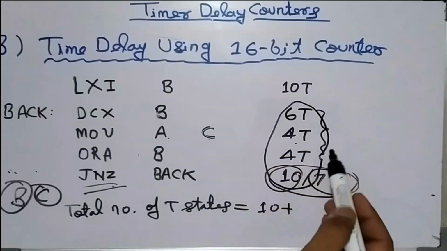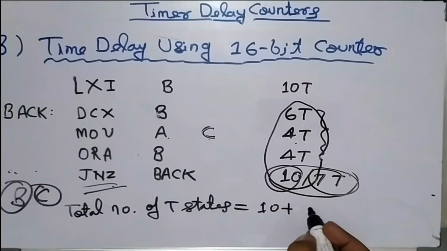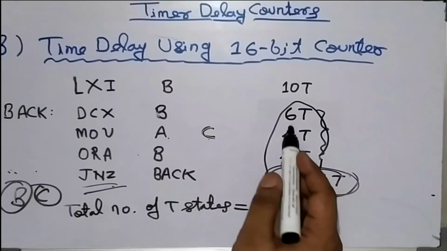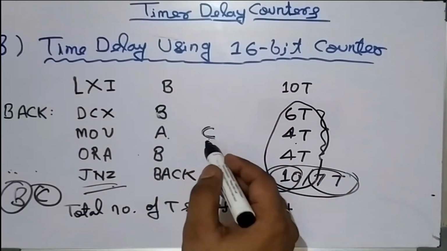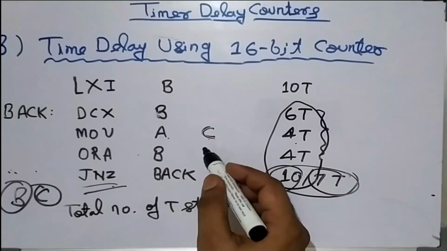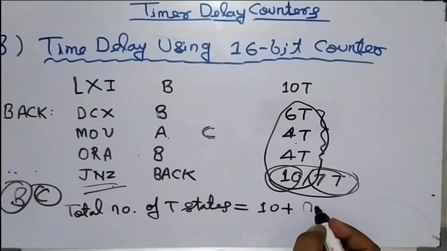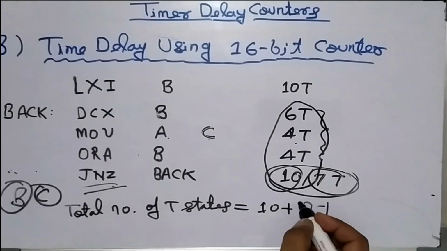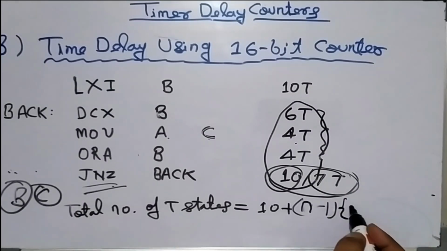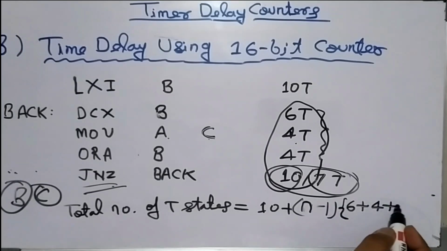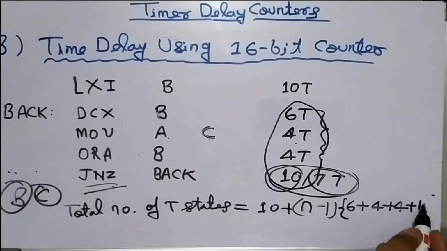Okay, this is the loop consumption time. And what about the loop timing? The loop will run n-1 times. N is the counter register value. So n-1 into 6 plus 4 plus 4 plus 10.